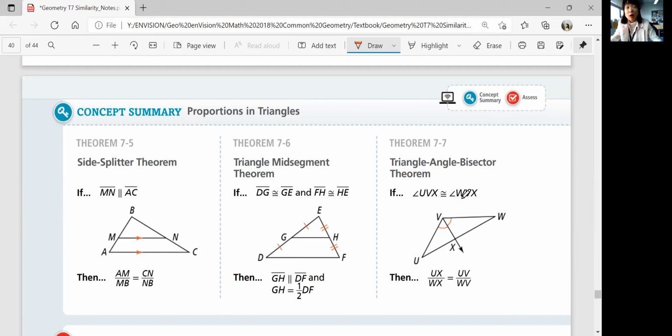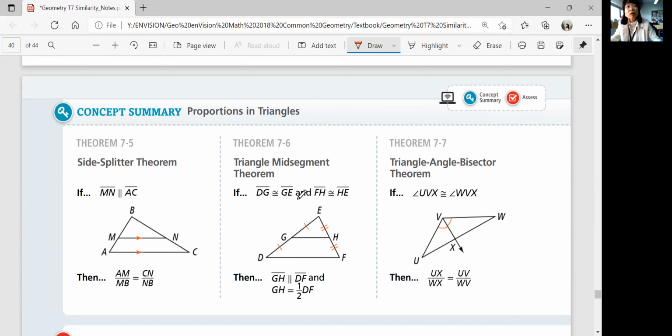They all have names. So the side splitter theorem is when you have 2 parallel sides, and you can say that the segments that are split from the parallel sides are going to be proportional.